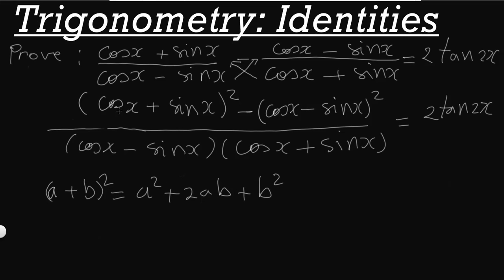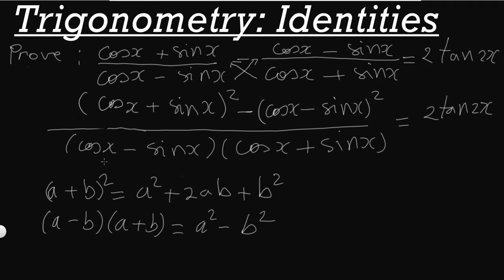In this case, a is cos and b is sin. Now, a minus b multiplied by a plus b changes to a squared minus b squared.